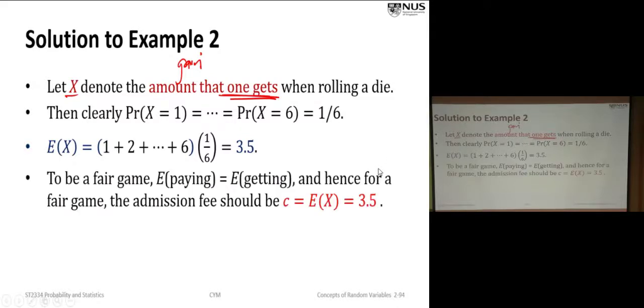So now if he pays $3.5 to play the game, every time he plays he has to pay $3.5. He may get $6, he may get $1. But in the long run, he will not gain anything and he will not lose anything. So we just take C to be the expectation.